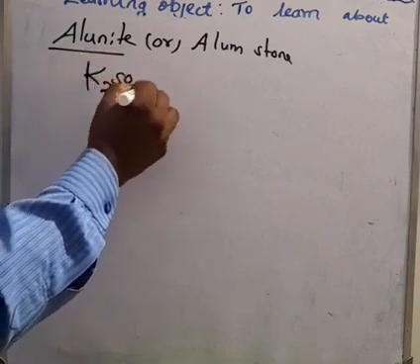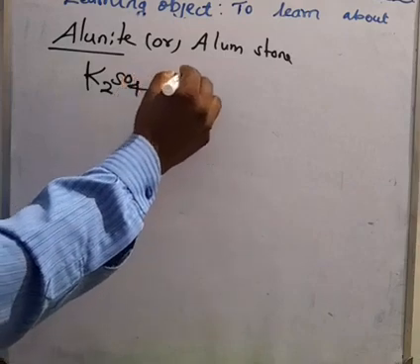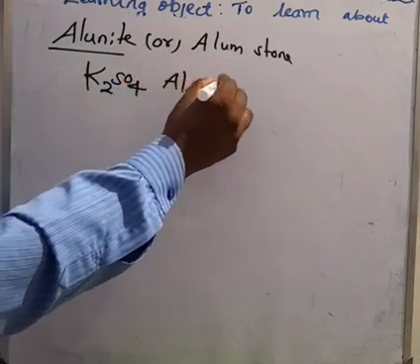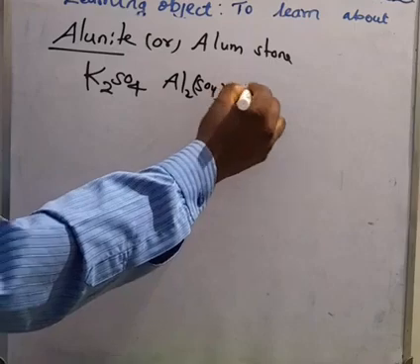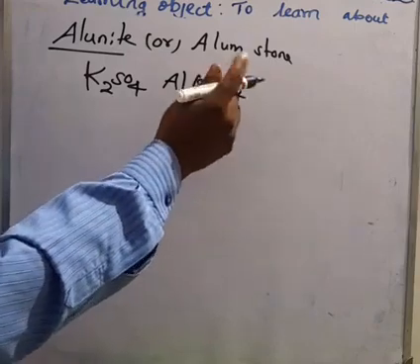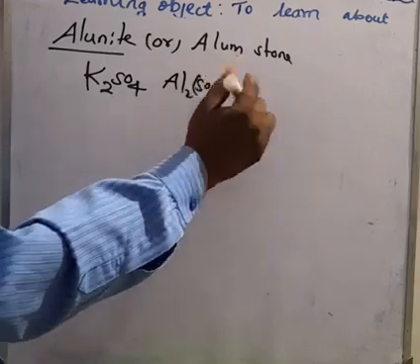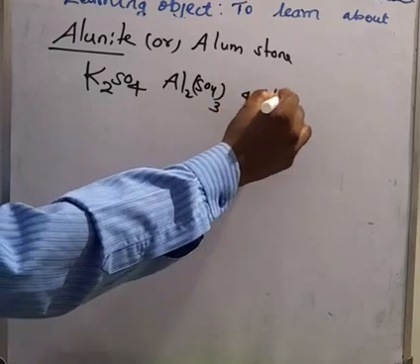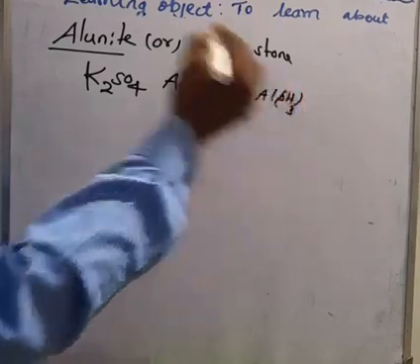K2SO4.Al2(SO4)3.4Al(OH)3. This is the alum stone formula, otherwise the alunite formula.